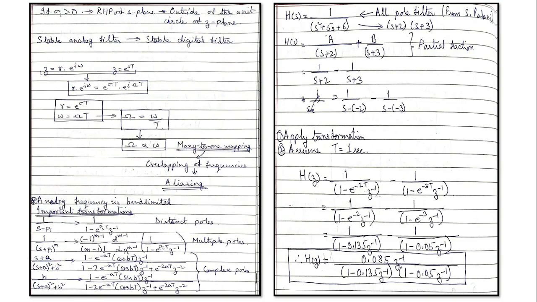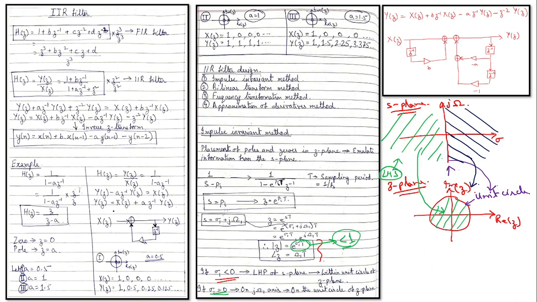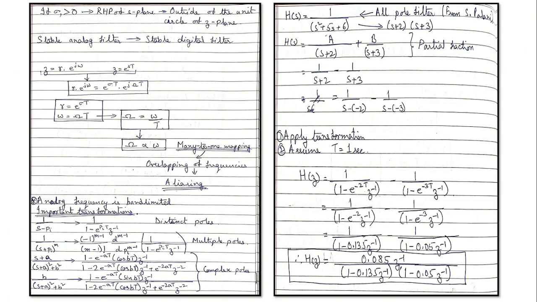Now, as per this impulse invariance method, we have the important transformations which you need to keep in mind. The first one we have already discussed, and these are for the distinct poles. Second one, 1 by (s plus pi) to the power n, if you are having this kind of poles, which basically means that you are having multiple poles, then you have to use the second equation or transformation.